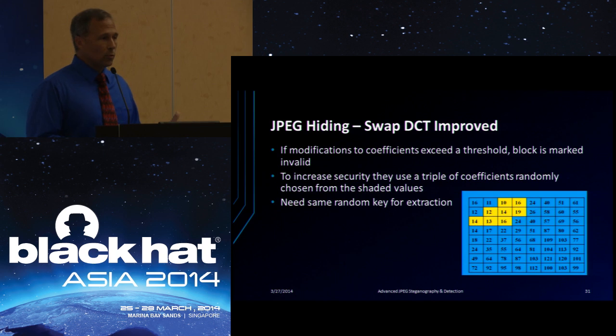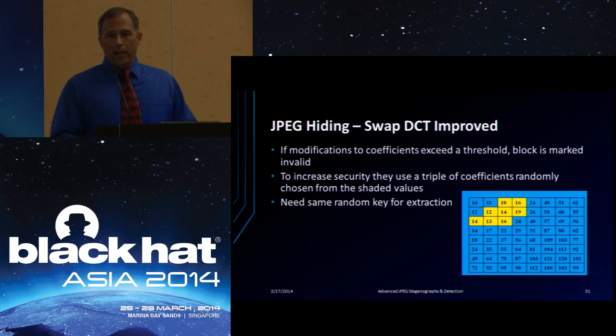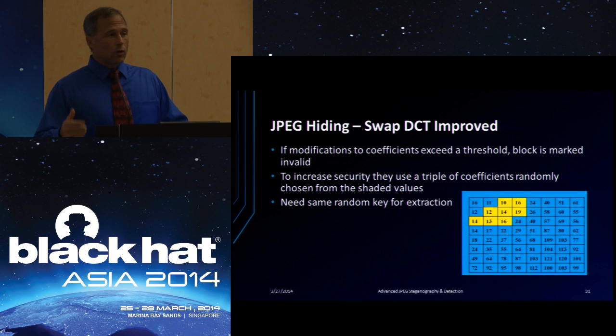Okay, we get a little bit more robustness out of it, and we get the same capacity, 1 bit per block, but it gets harder to extract because the extractor needs to know for each block which coefficients we picked. In the other method, we just simply use the same coefficients every single time. In this method, they're picked from a set of coefficients.